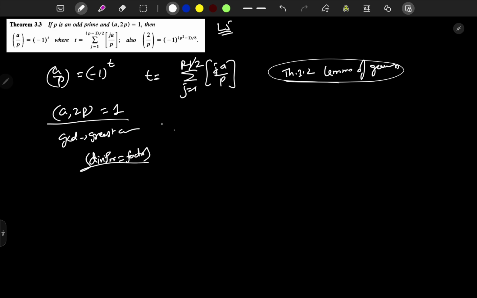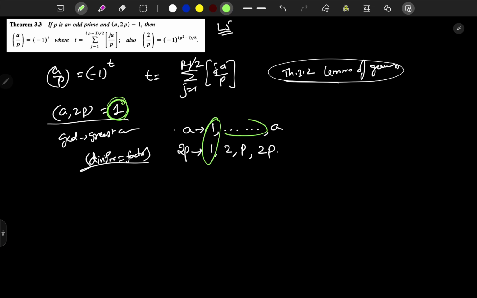Okay, so consider a: it has some factors. What factors does 2p have? Now we are saying that both have GCD equal to 1.